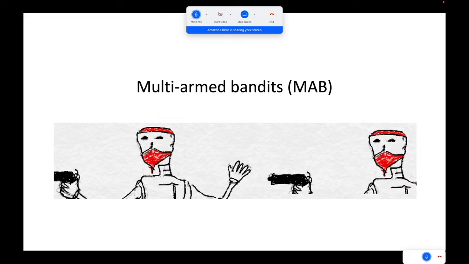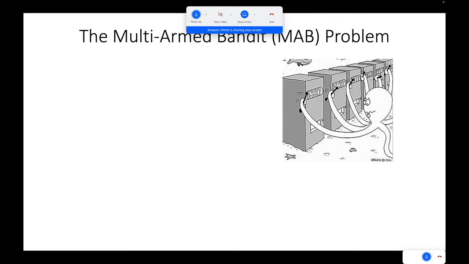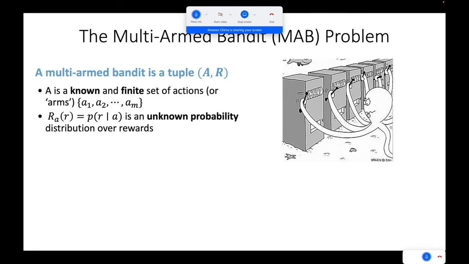Now we'll move into multi-arm bandits. These are very much a simplification of the MDP that we saw in reinforcement learning. A multi-arm bandit is a tuple which has action and reward pairs, where action is a known and finite set of actions. Imagine there is a casino and there are different arms or levers that you can pull. All those levers become your actions.